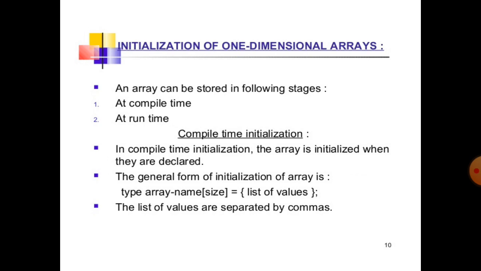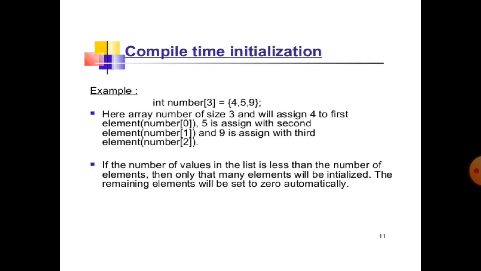Second topic is initialization of one dimensional array. An array can be initialized at two stages: at compile time or at runtime. Compile time initialization means the array is initialized when it is declared. The general form of initialization of array is type, array name[size] is equal to list of values. The list of values are separated by commas.